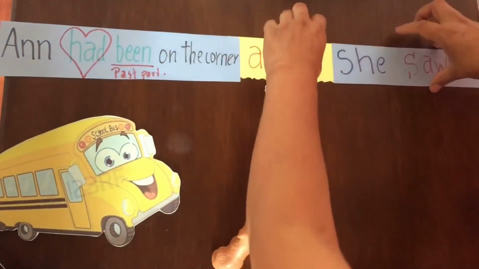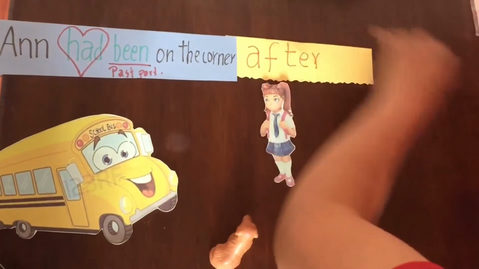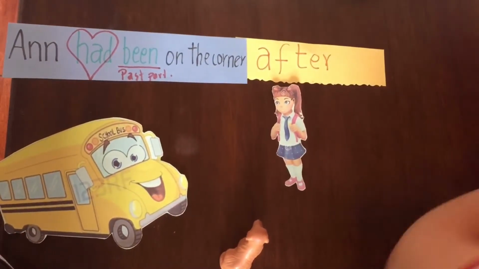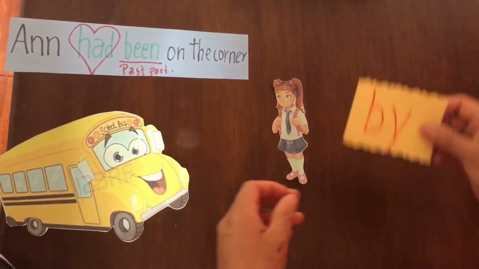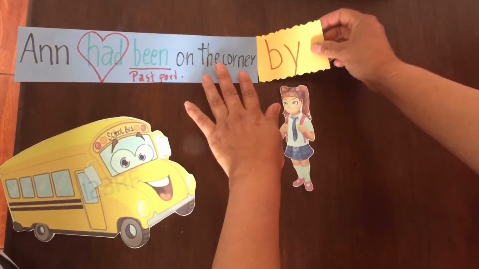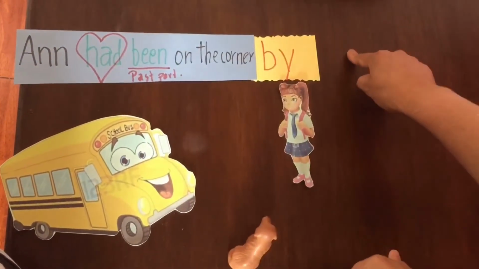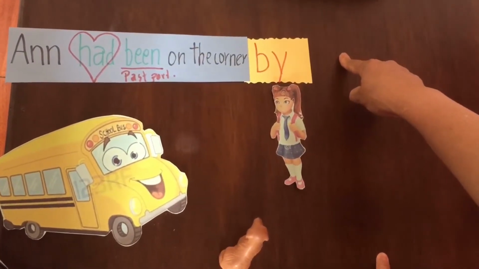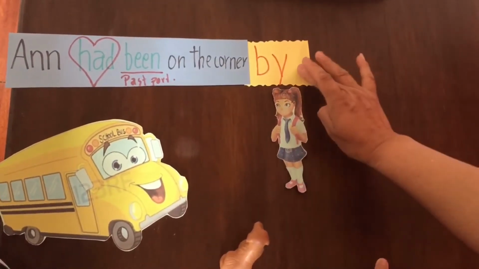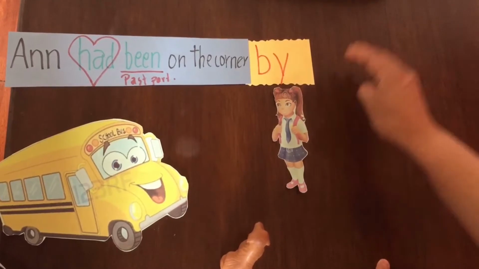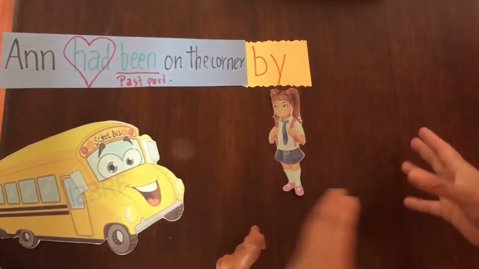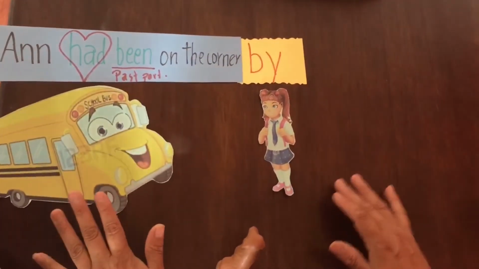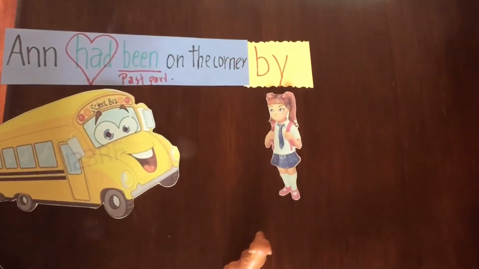Or you can say, Anne had been waiting on the corner by 2 o'clock, for example, as you are going to see in the book. So you can use also for time to identify the hour, okay?